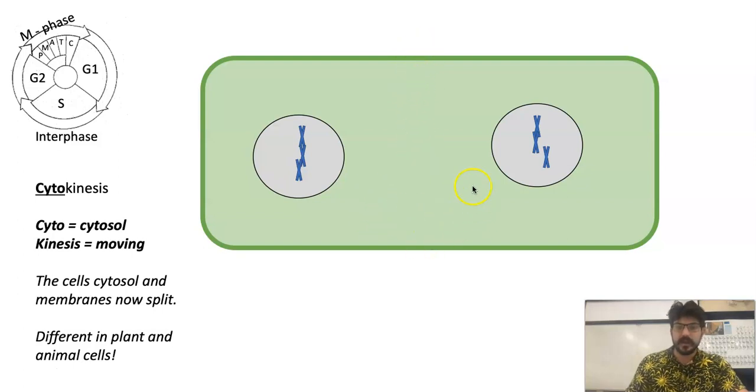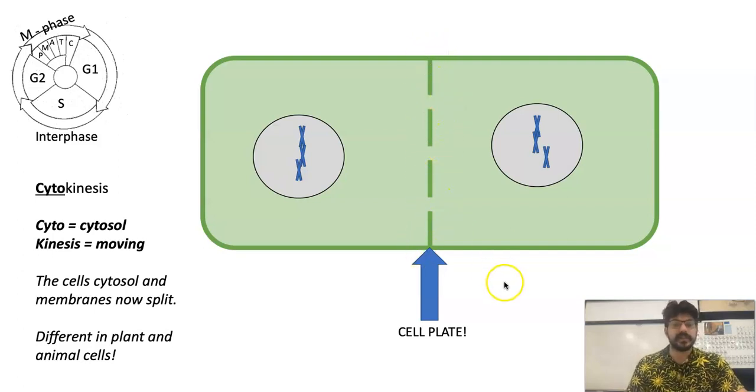These little bubbles are packages filled with cellulose. And as that cellulose all meets in the middle and the new membrane starts to form, you end up with this cell plate that forms in the center.